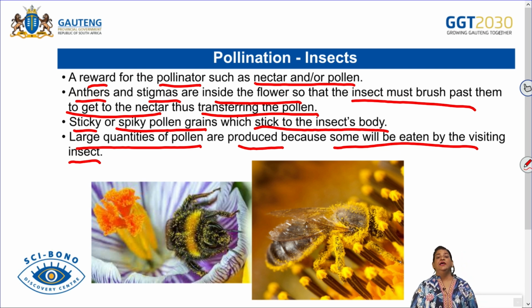So this is called a mutualistic relationship, where the flower is benefiting from the insects because it's going to be pollinated, and the bee is benefiting because it's getting its food and its nectar. So this is called a mutualistic symbiotic relationship, which you have learned in grade 10.